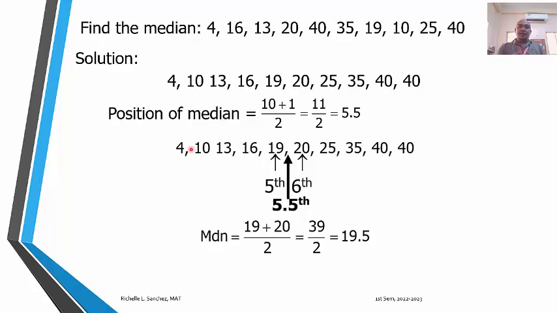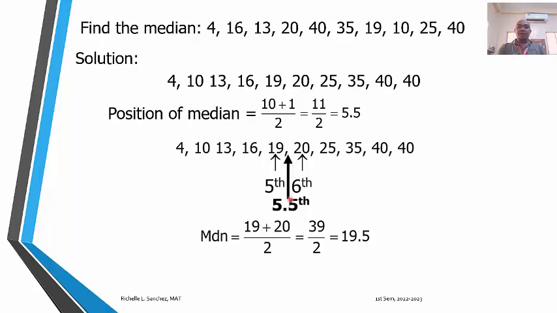So in this case, by arranging our scores, we have 10, 13, 16, 19, 20, 25, 35, 40, and 40. Position for median is 10 plus 1 divided by 2, that is 11 divided by 2, and it gives us 5.5. So the position of our median is 5.5.